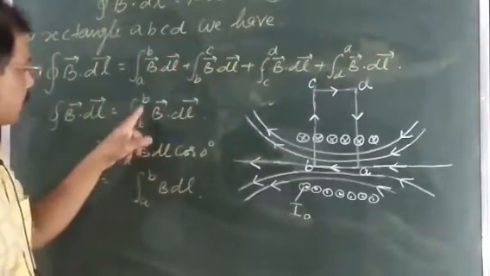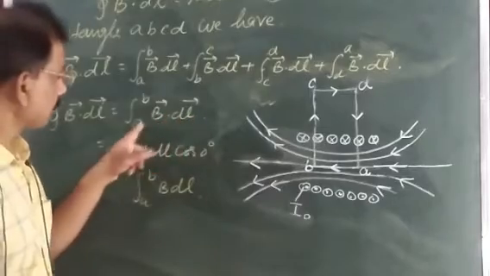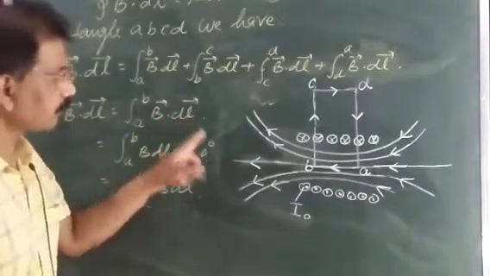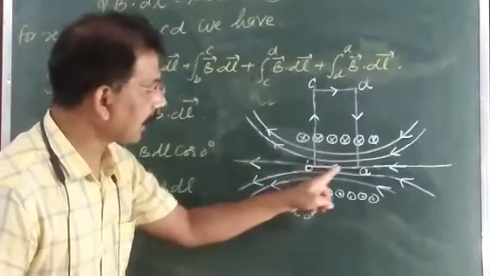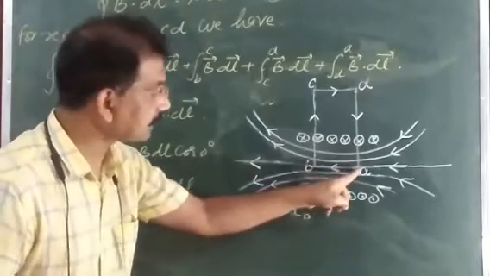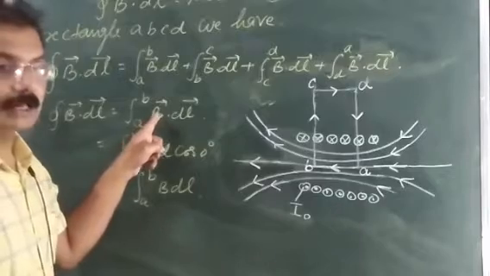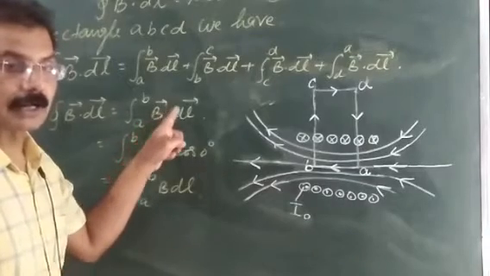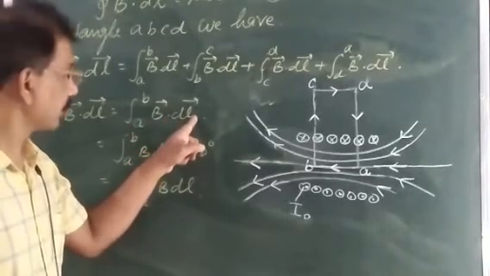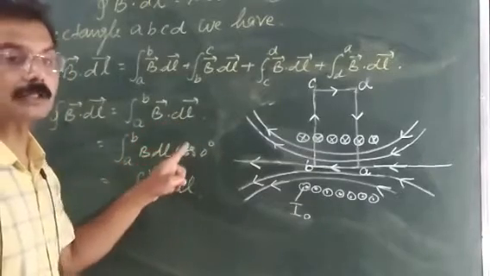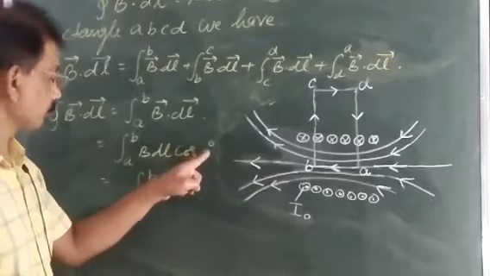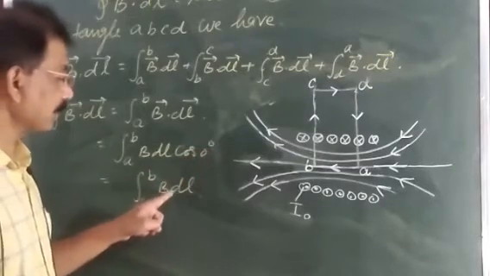So we will get A to B vector B dot dl, and for A to B, you see, the magnetic field and this length are both in the same direction. It means the angle between vector B and dl becomes 0 degree. So B dot dl becomes B dl cos 0, and cos 0 is 1. So you can write here A to B B dl.